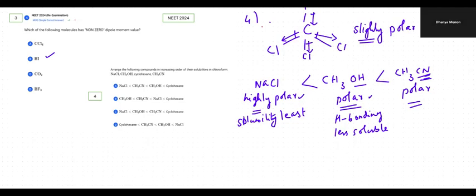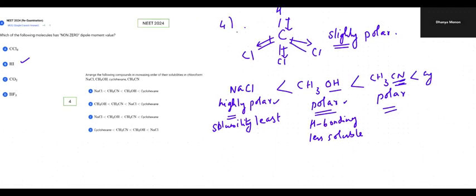The last one is cyclohexane, which is non-polar because it's also an organic molecule. So cyclohexane will be most soluble and sodium chloride will be least soluble, because sodium chloride is highly polar.